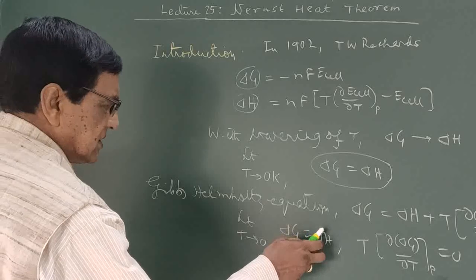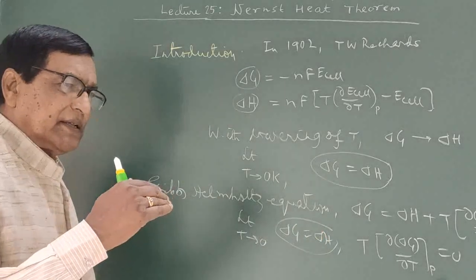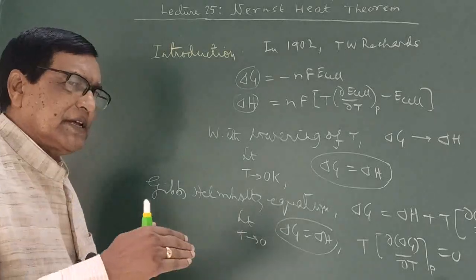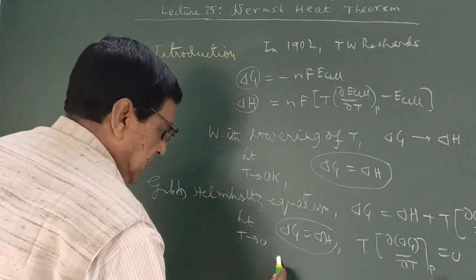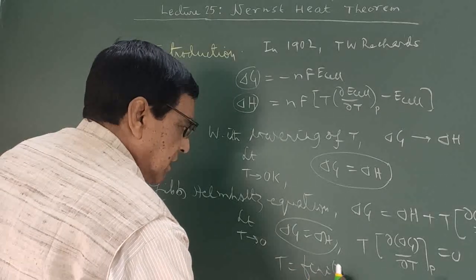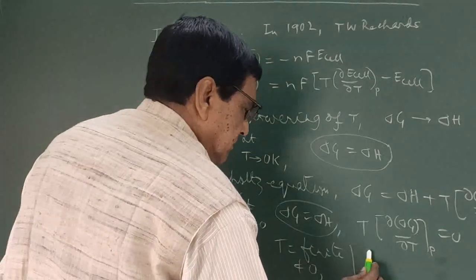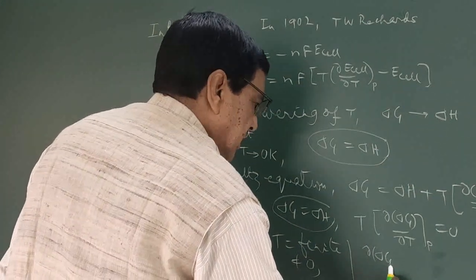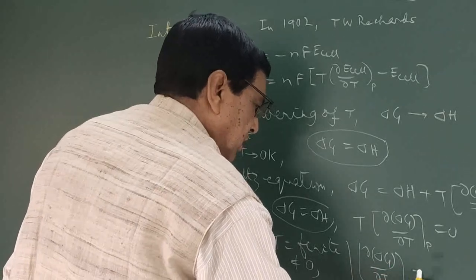And since these two are found to be equal at 0 Kelvin and some temperature above, when T is finite, meaning not equal to 0, this term del delta G by del T at constant pressure equals 0.